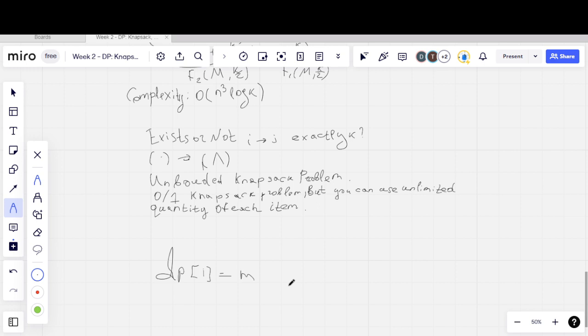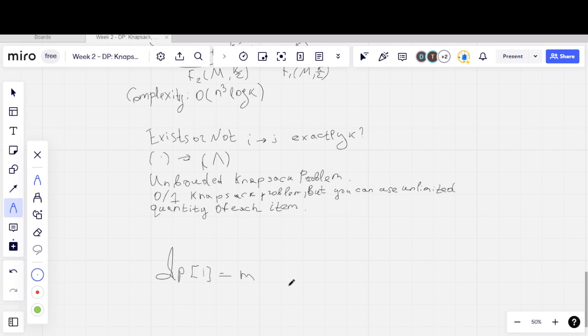If you have an idea how to solve it, if i in the DP array will be responsible for the first items, you can write the idea. Okay, but I don't have an idea how to do it with i first items.